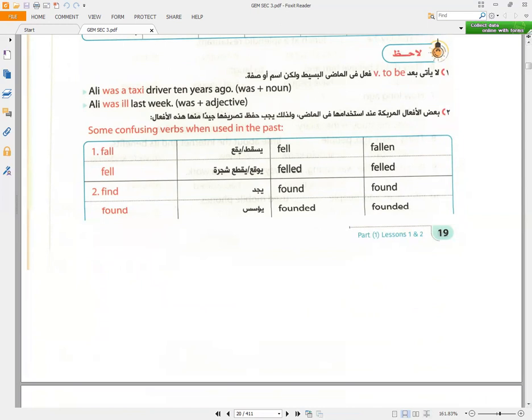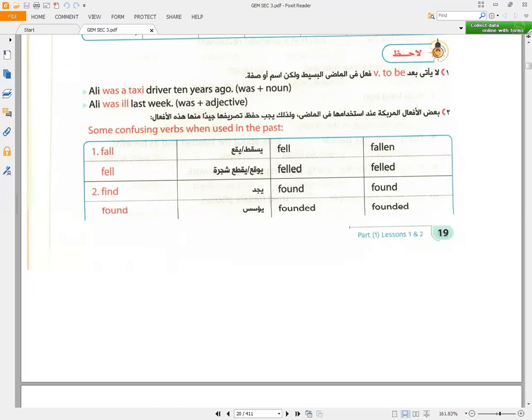There are some verbs in past that are confusing, like fall, fell, fallen. There is another one. Of course, it's very confusing. Fell, to cut a tree, felled, felled.